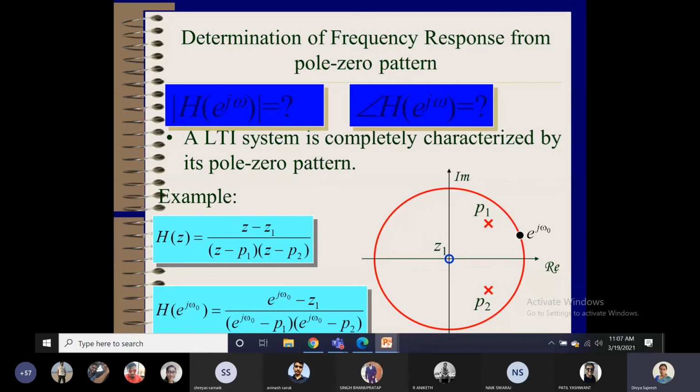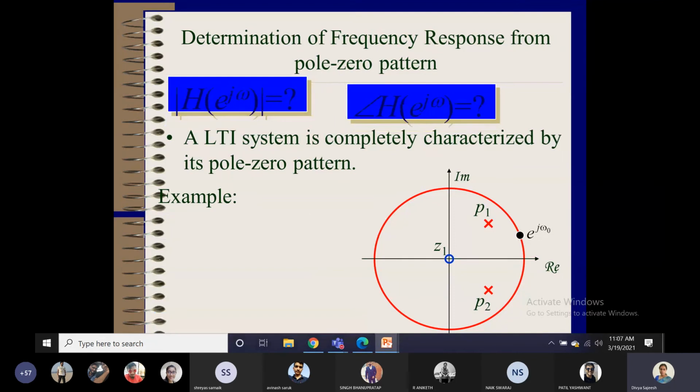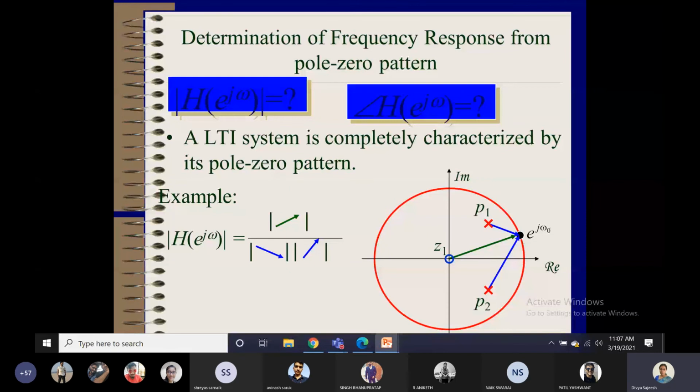To that point we need to measure the distance from the zeros, and the distance of that point from the poles. Let us take P1 and P2 distances. Then the magnitude response is equal to the product of the magnitudes of the distances from the zeros divided by the product of the magnitudes of the distances from the poles.